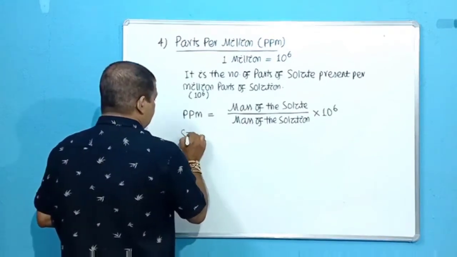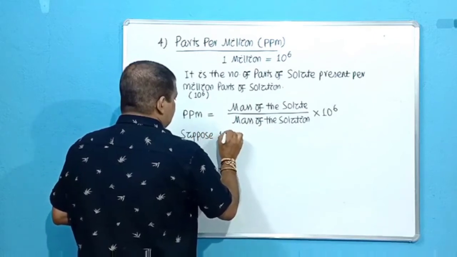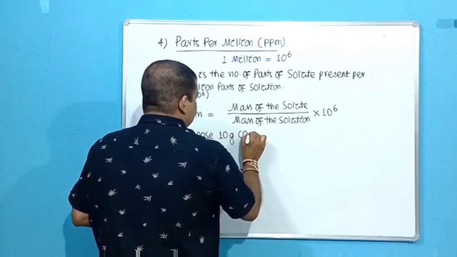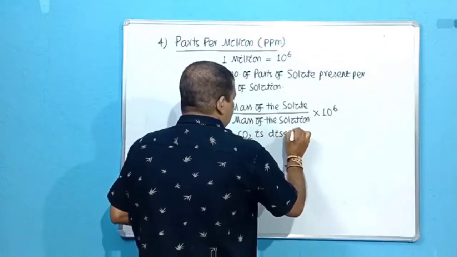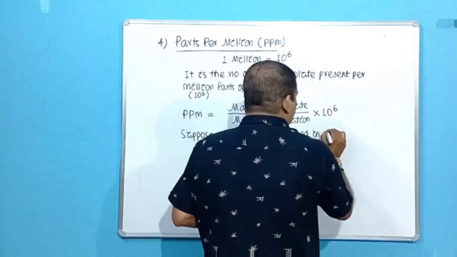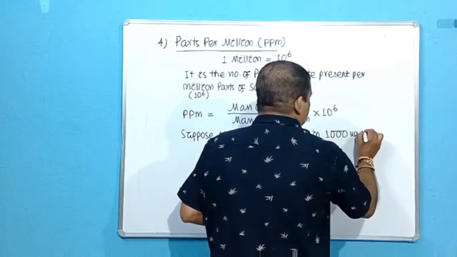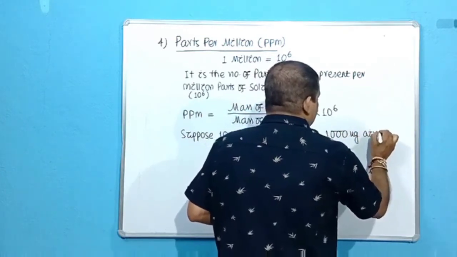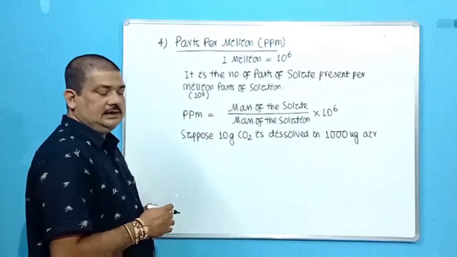Suppose 10 gram carbon dioxide is dissolved in 1000 kilogram air. Okay.